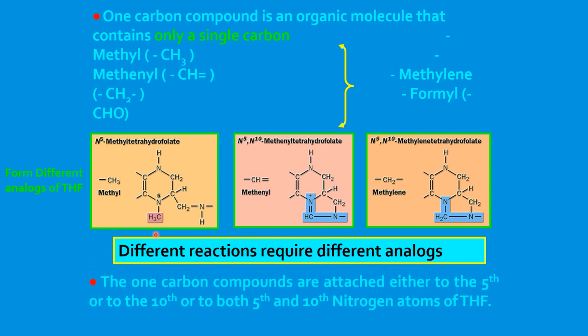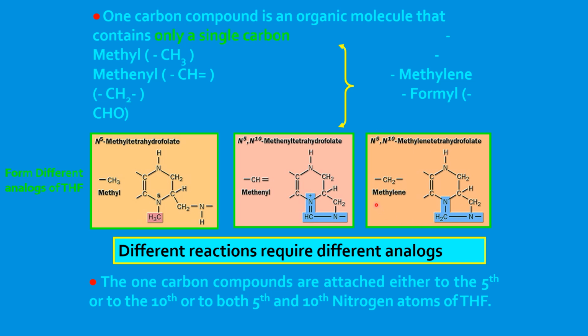We talk about methyl tetrahydrofolate, where the methyl group is attached to N5, so we say N5 methyl tetrahydrofolate. It can be in the form of a methenyl group, where the carbon group is attached to nitrogen 5 and nitrogen 10, so we say N5, N10 methenyl tetrahydrofolate.